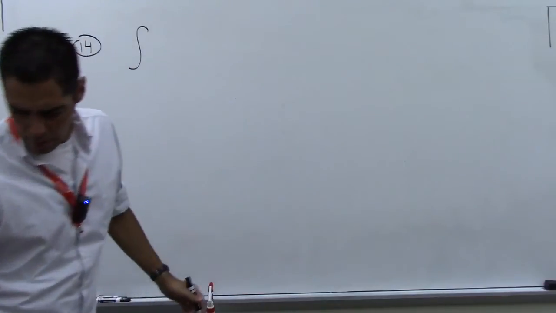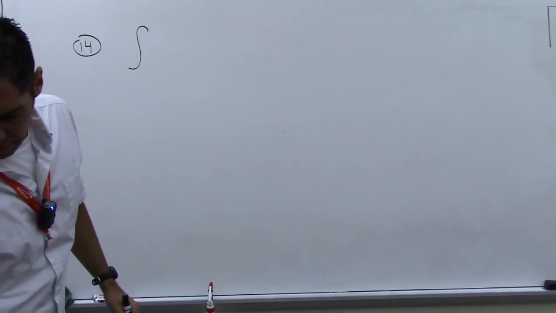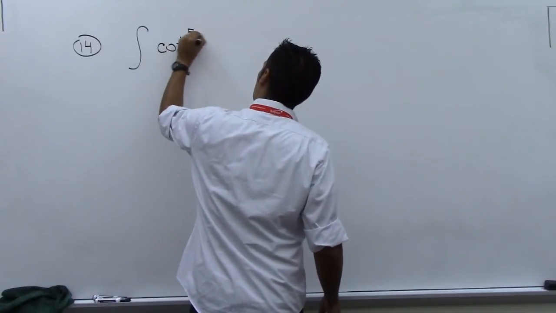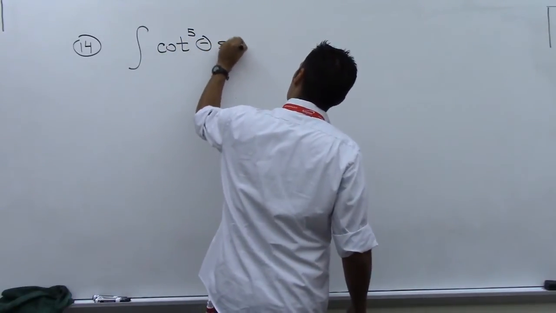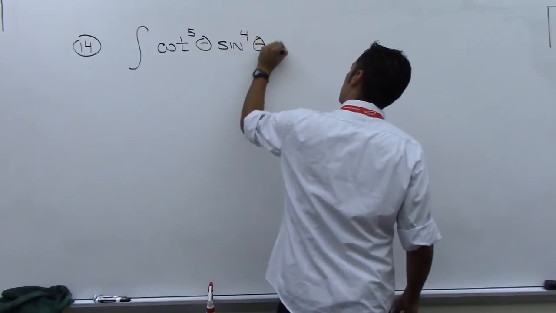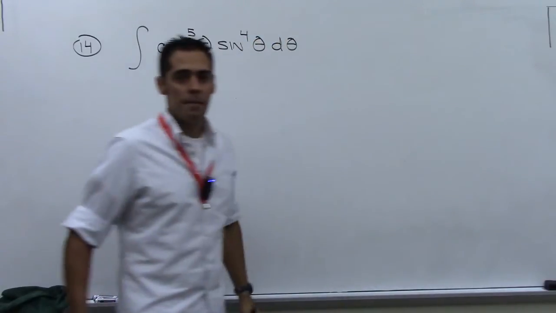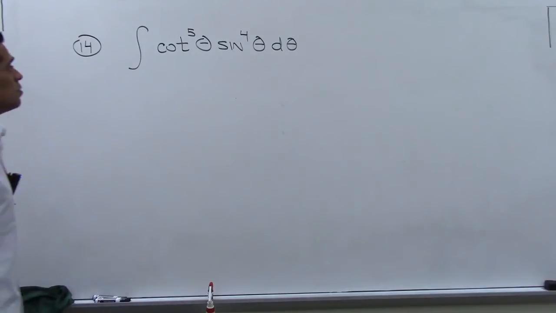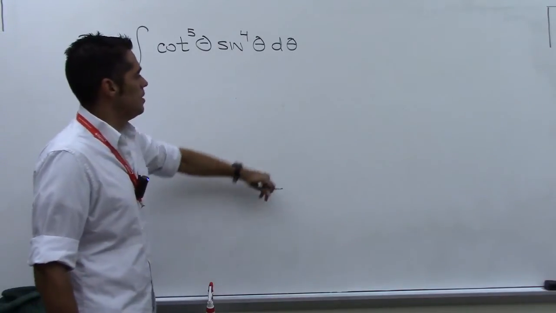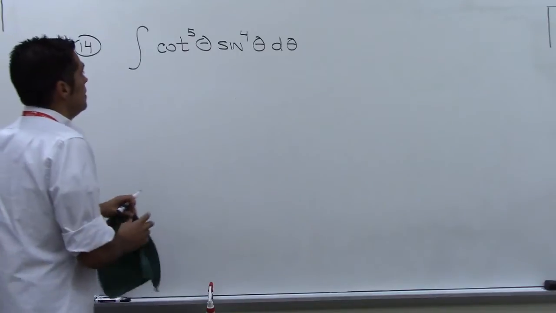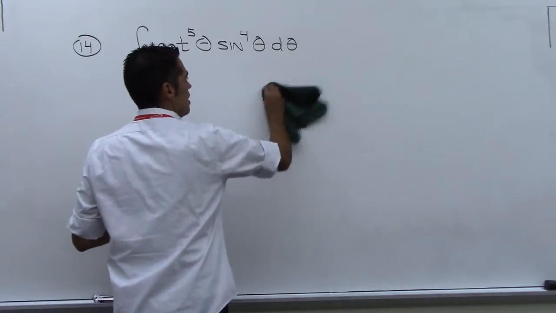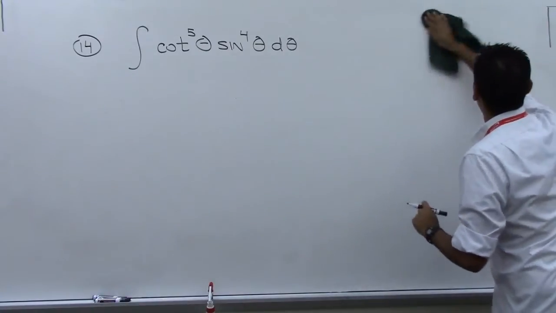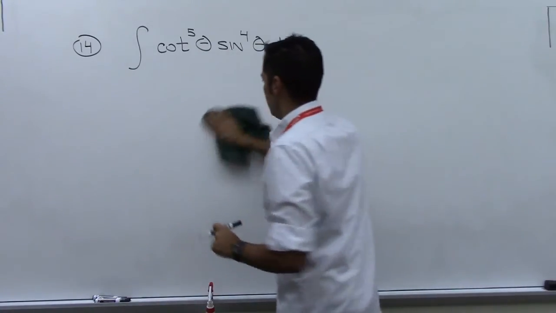Number 14: integral of cotangent to the fifth theta, sine to the fourth theta, d theta. Again, it's kind of like the previous problem. We don't have sine and cosine explicitly here, so first I need to rewrite this cotangent.